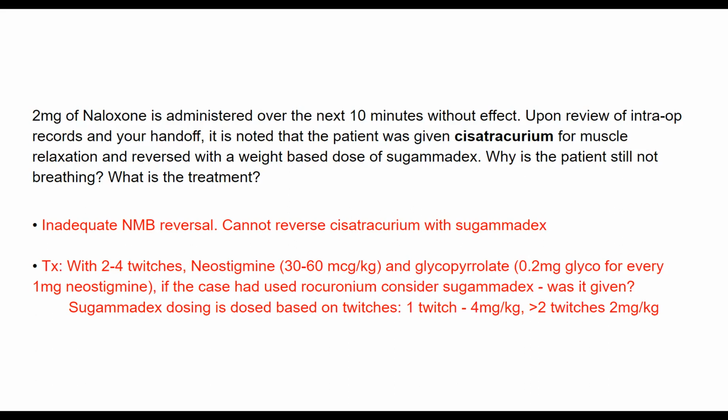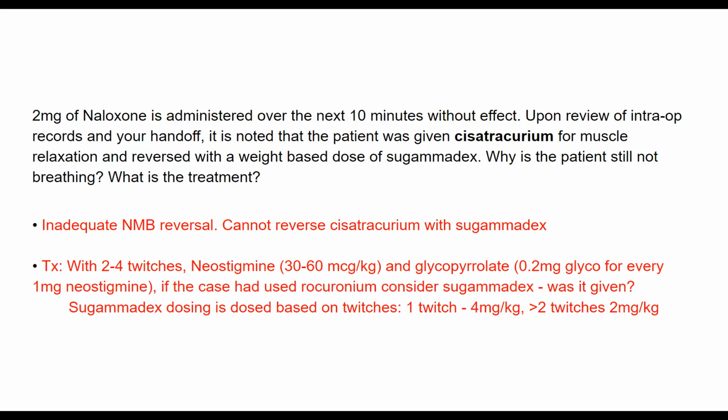And then I just mentioned on there that sugammadex again is dosed based on twitches. So you guys probably don't often see us giving sugammadex because we hopefully have given it in the OR and we've seen the complete reversal. But if we have to give sugammadex out here, it's important to check twitches and see what the residual blockade level is, and then we give our sugammadex based on twitches.